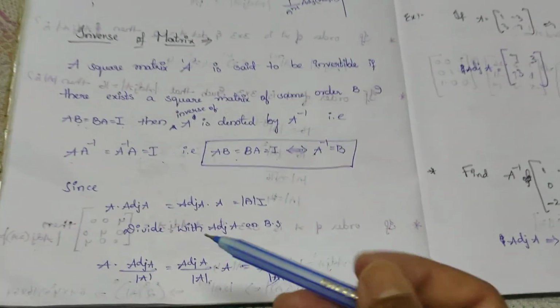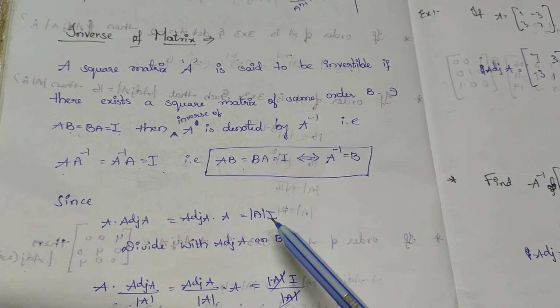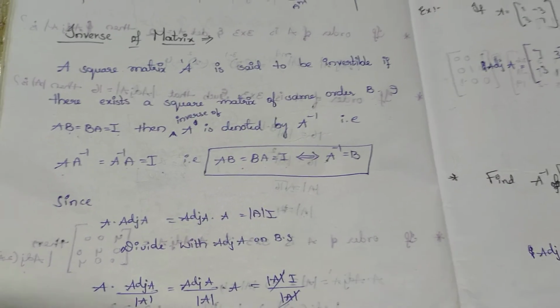Okay, now continuation. Since A into adjoint of A is equal to det A into I, we proved. Similarly, adjoint of A into A, if you take the same, you get det A into I only.